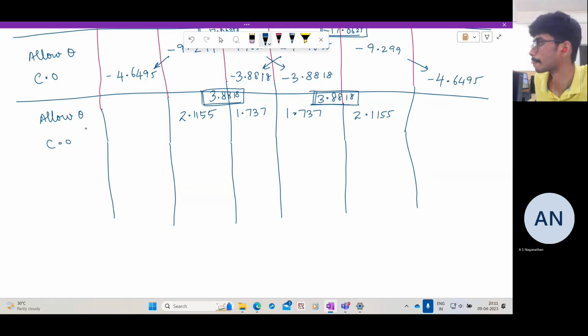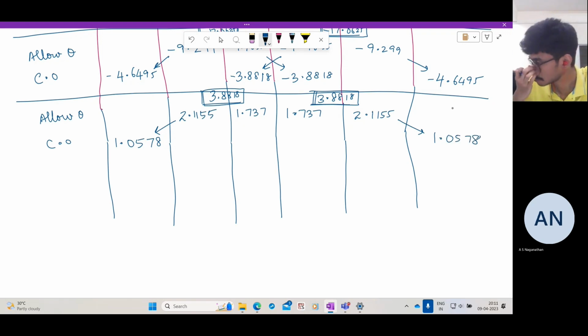So if you do that, you get 2.1155 by 2, which is 1.0578, and half of this goes here, 0.8685. Then 0.8685.